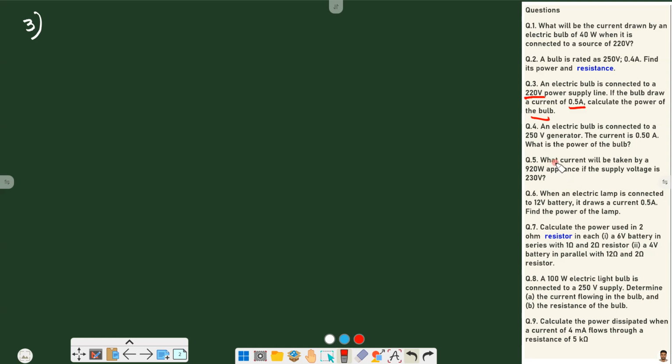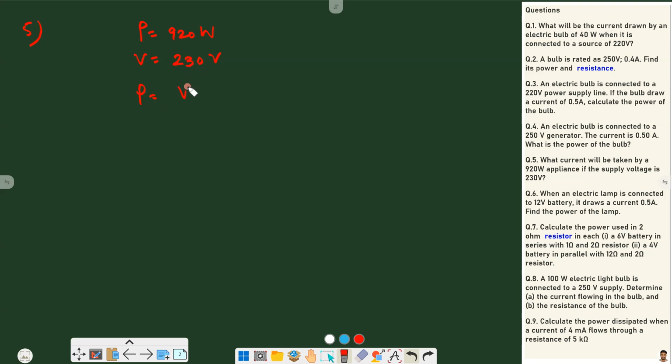Now question number 5. In 5 we have to calculate the current, where power is given and voltage is given. Power is given as 920 watt, voltage is given as 230 volt.